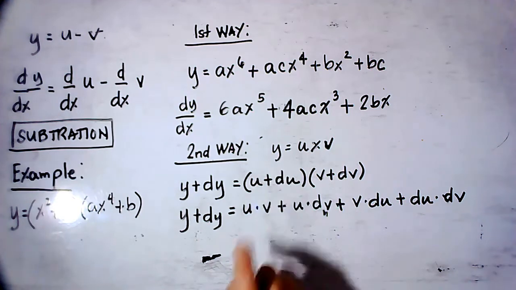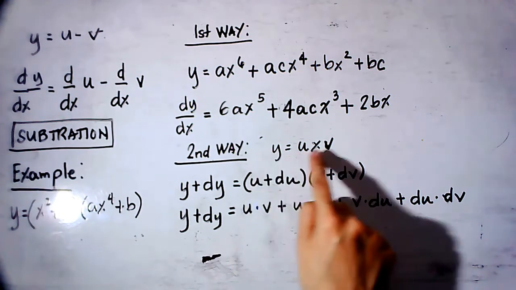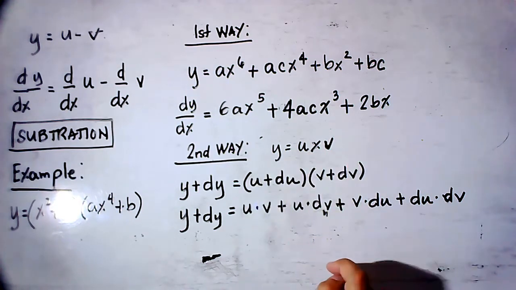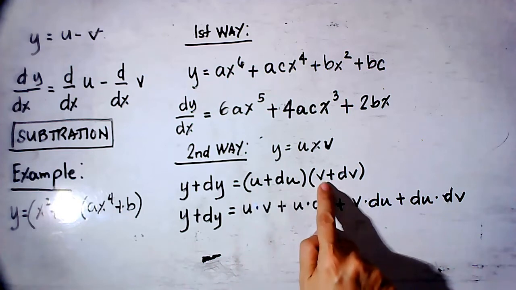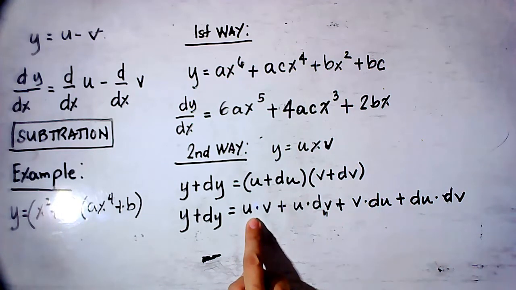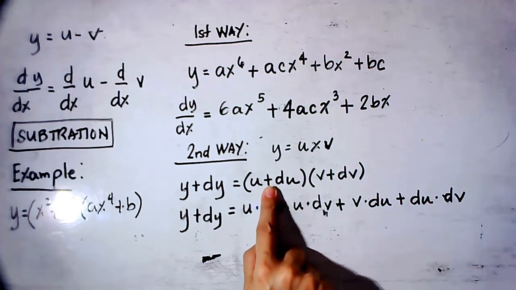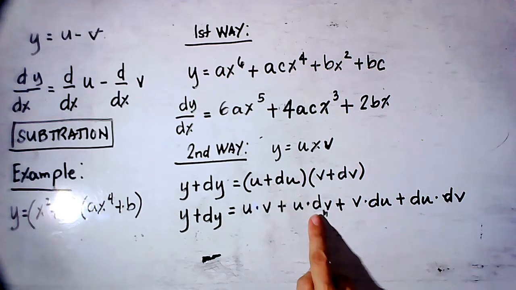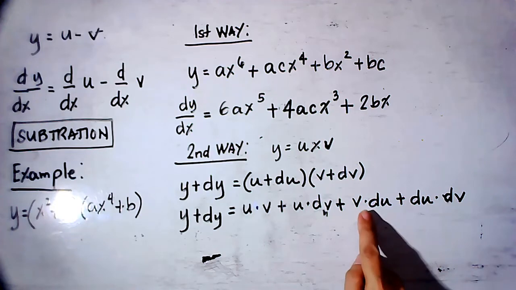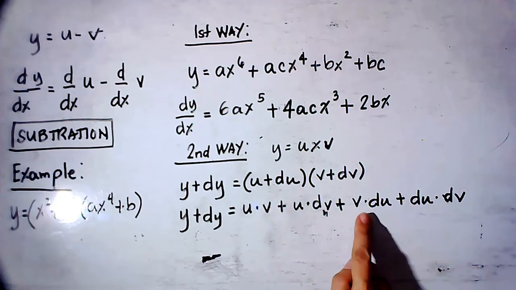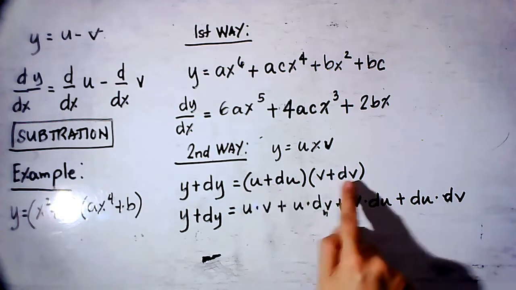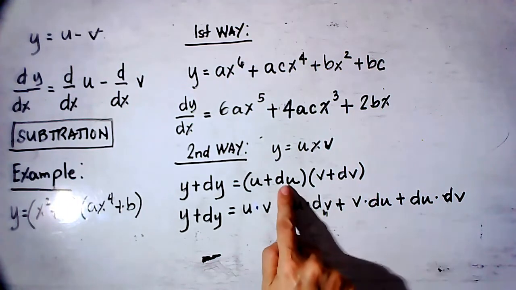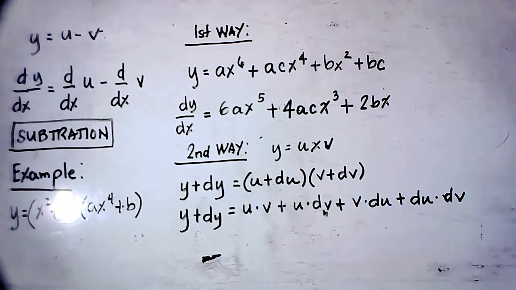And then by using the principle for multiplication, we have u times v, plus v times du, plus u times dv, and plus du times dv.